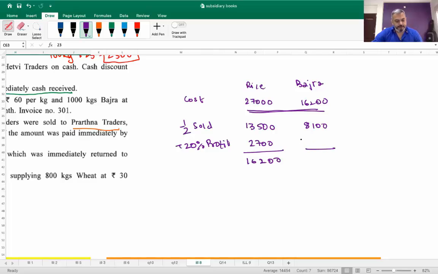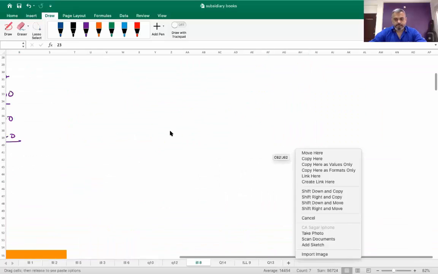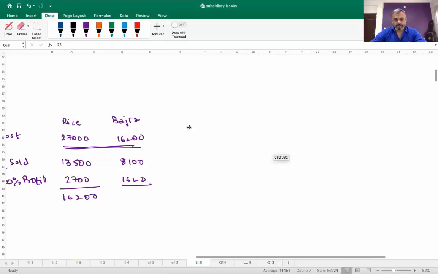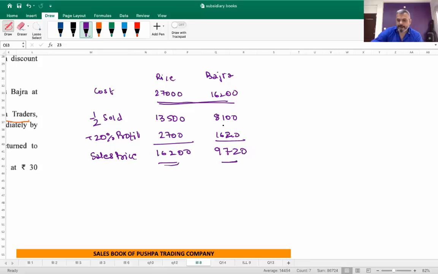And 8,100 into 20% is 1,620. 1,620, so it is 9,720. This is our sales price. No trade discount. So directly we write this.